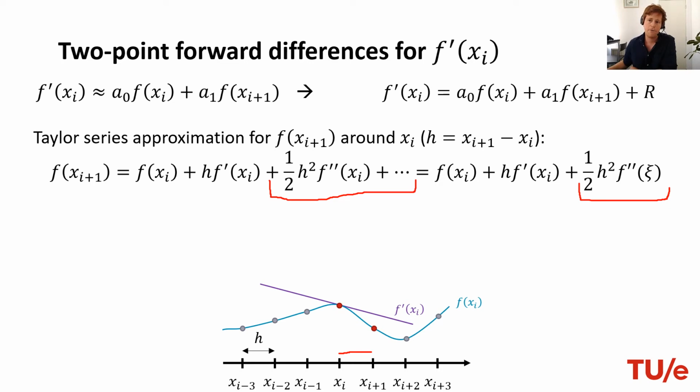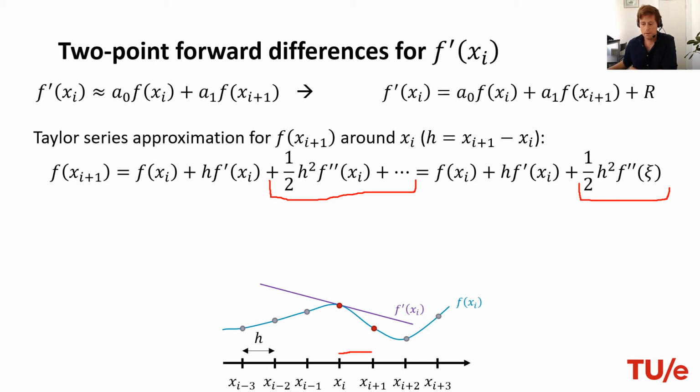So this is a powerful expression. This tells us that the error we're making by only using these first 2 terms in order to approximate the function at xi plus 1 is exactly equal to h squared over 2 times the 2nd derivative somewhere in between these 2 points.